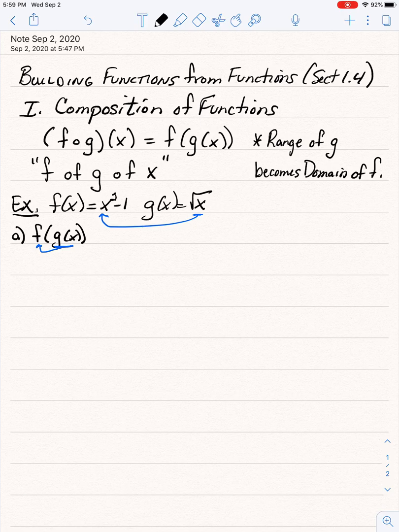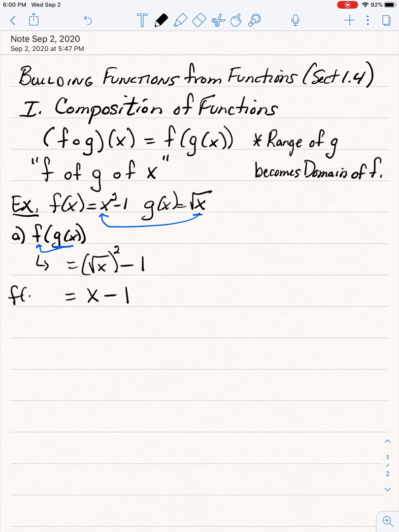We take this over here, so we're going to end up with square root of x, squared, minus 1. When you square a square root, you get what's inside, so just x minus 1.